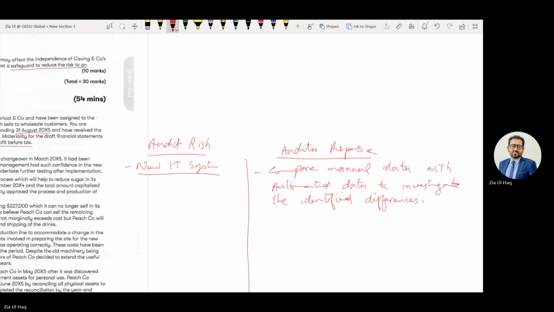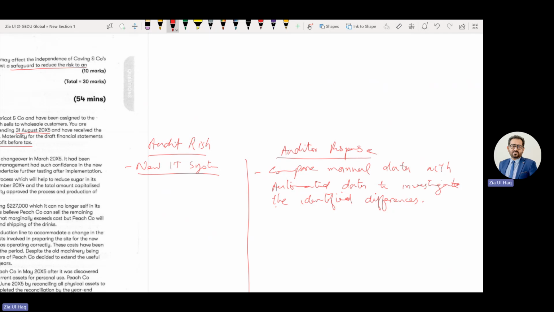What else? How can we ensure staff training? Staff is properly trained how to use the system.